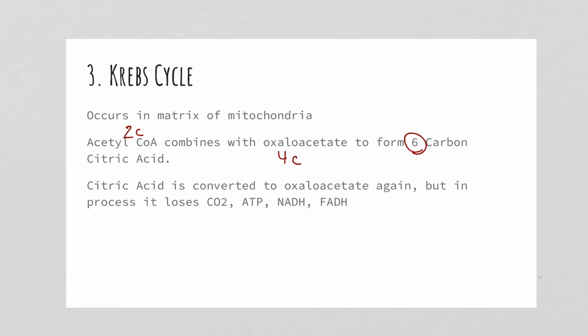As it goes through that cycle, that 6-carbon molecule is eventually going to transform back to a 4-carbon molecule so it can rejoin with another acetyl-CoA. All that reforming is going to release CO2, some ATP, and more electron carriers, which is really important so that we can drive that electron transport chain.